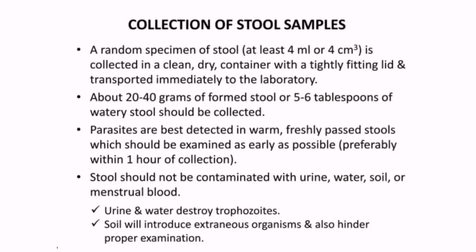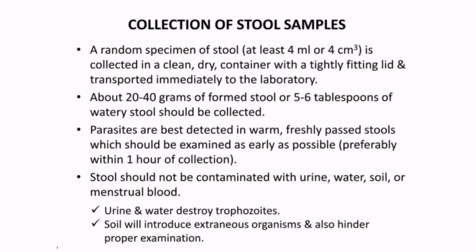For the amount of stool, it should be 20 to 40 grams of formed stool or 5 to 6 tablespoons of watery stool. Parasites are best detected in warm, freshly passed stools, which should be examined as early as possible, preferably within 1 hour of collection. Beyond 1 hour, the stool must be refrigerated.